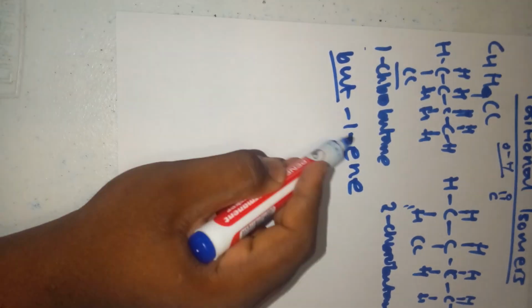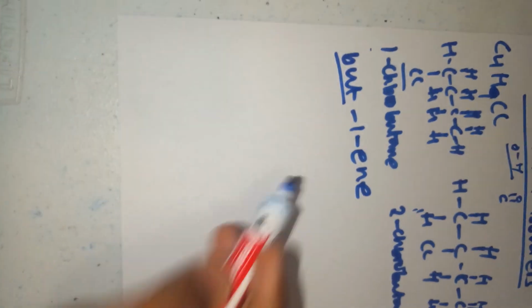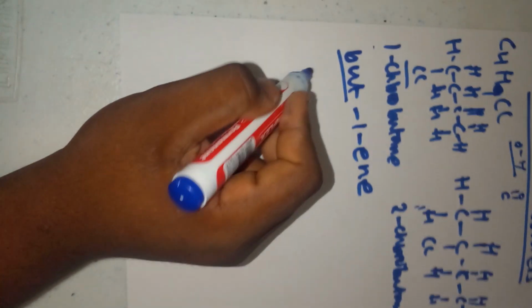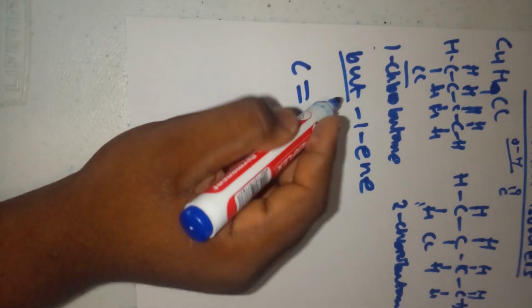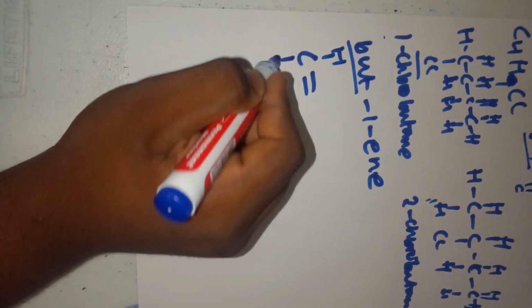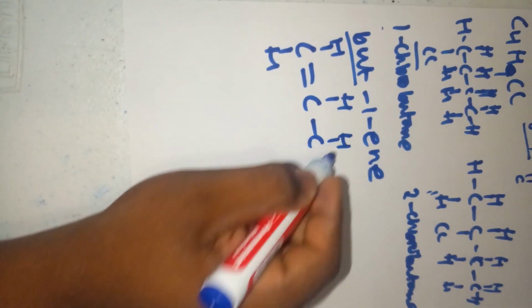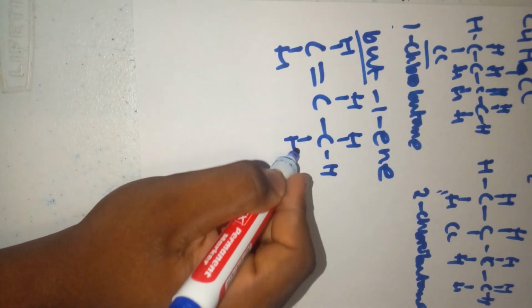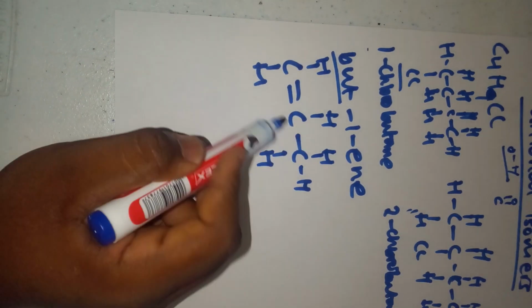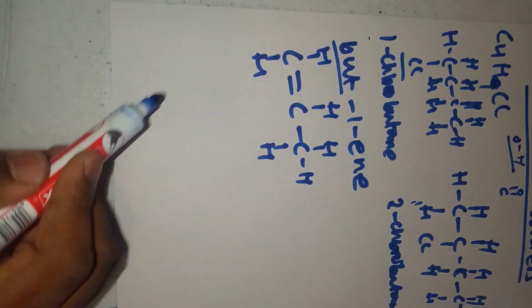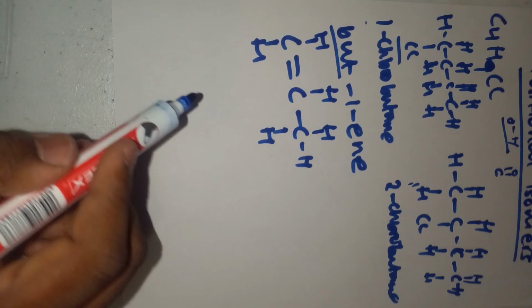The 1 tells you the position of the double bond. Then "ene" tells you about the double bond. So we are going to have C, the double bond, H, H, then C, H, C, H, H, H. So this is but-1-ene. The double bond is in the first carbon atom. Is it fine? That's how it is.